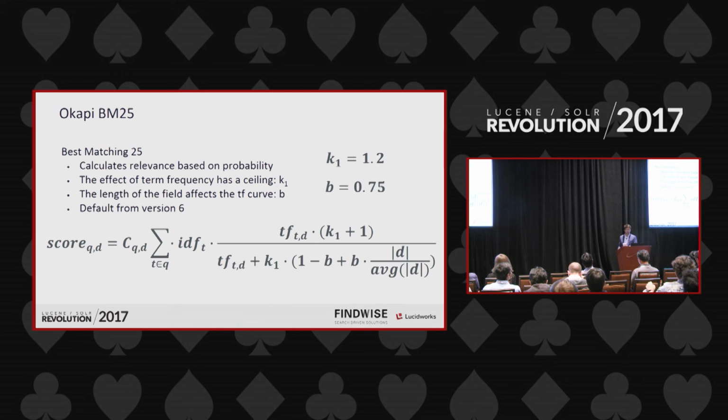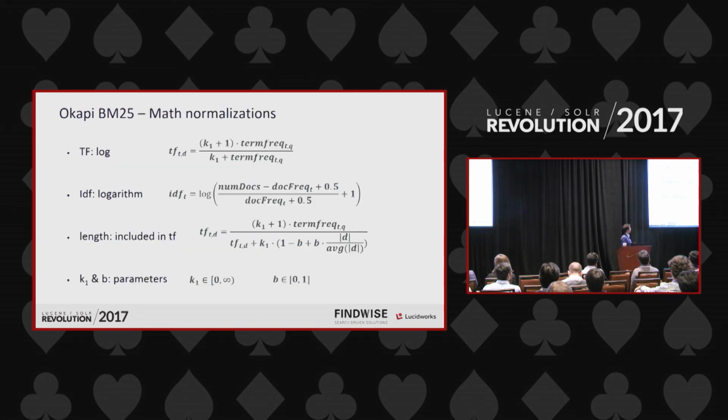And the K1 parameter is going to affect how we allow the term frequency to affect the similarity, whereas the B parameter is going to allow us to tweak how important the length of the field is going to affect the similarity score. Again, the same way that we saw with TF-IDF, BM25 is not that simple.